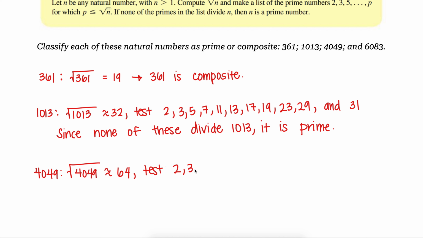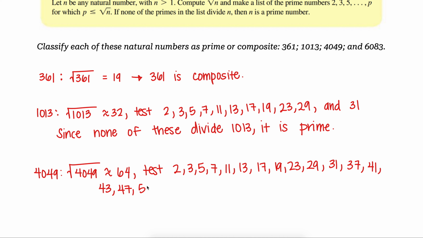It's going to be 2, 3, 5, 7, 11, 13, 17, 19, 23, 29, 31, 37, 41, we're going to keep going, there's more, 43, 47, 53, 59, and 61.